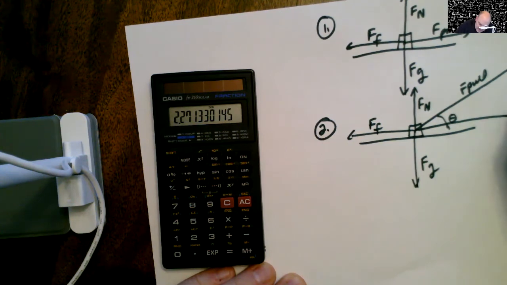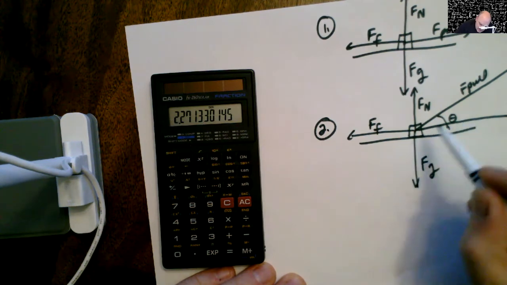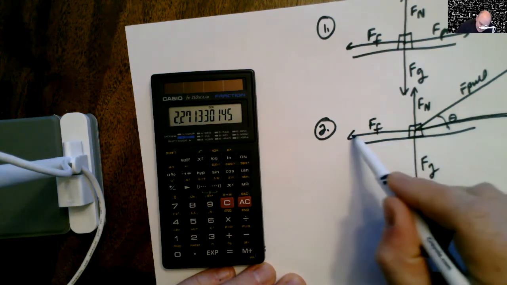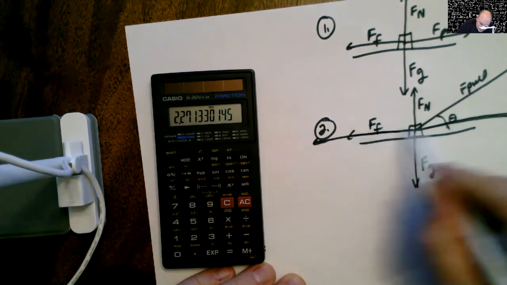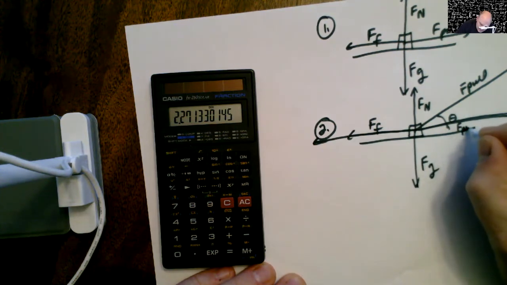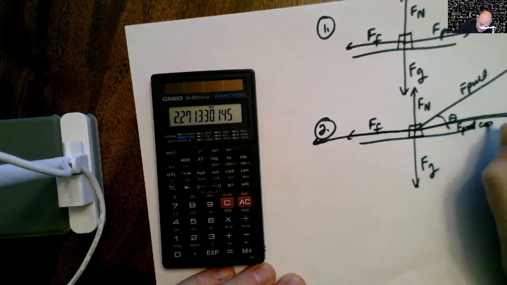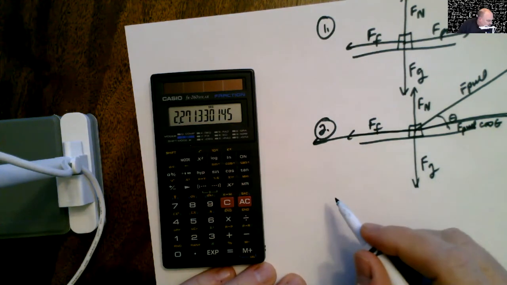We'll call this F vertical. Now this is F horizontal, and what we know is that this force needs to be equal to the friction. So I'm going to make this out here a little bit longer. I know that that needs to be equal because it's constant velocity. This would be F pull times the cosine of theta, and this would be F pull times the sine of theta. Okay, and that would be the FBD for number 2.